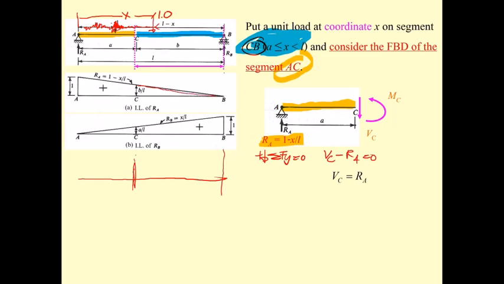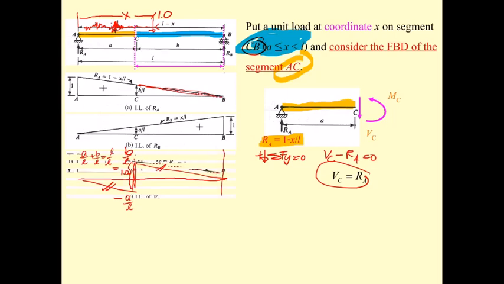So you just copy this graph, because V sub C equal to R sub A, and then just put it over here, and then you got this for B over L. Before that you have this, and this is minus A over L. I should note that the combination of this, A over L plus B over L, is going to be L over L, and it's going to be 1.0. I also need to point out that the slope of these two lines is going to be the same. You can prove it easily.